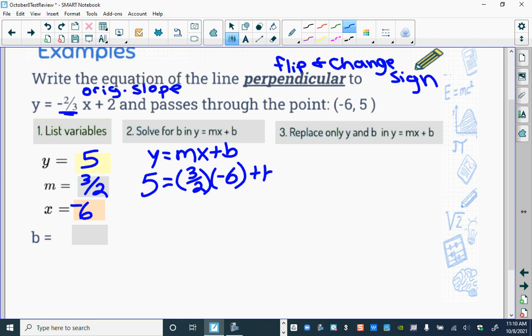And you're going to get a pretty nice value for b. But at this point, be careful because 3/2 times -6.